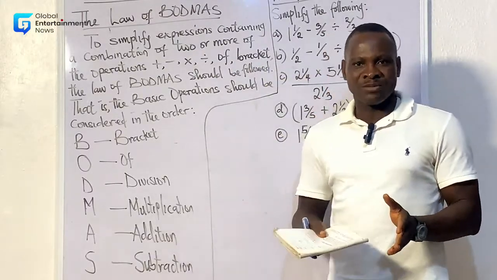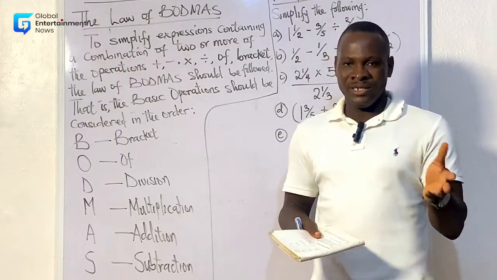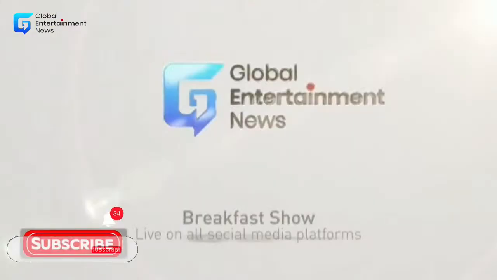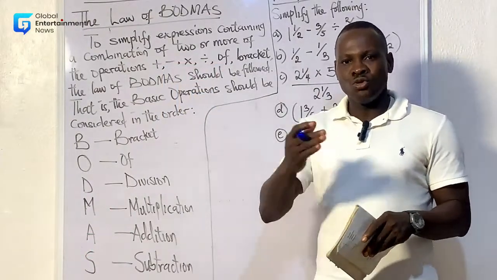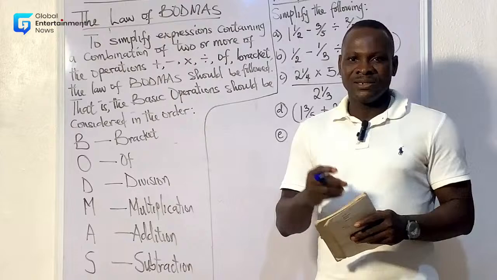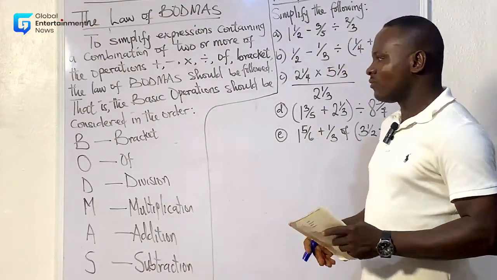What are the operations I'm talking about? The addition, the subtraction, the multiplication, the division, the of, and the bracket. So when you have an expression containing two or more operations, the laws of BODMAS is what is being used.